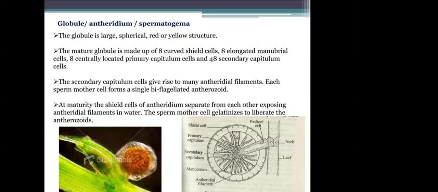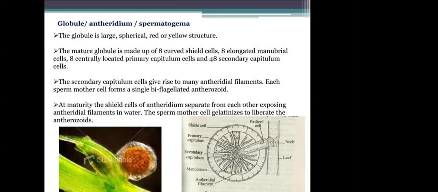After that, the next one is the secondary capitulum. Each primary capitulum has 1 or 2 small cells towards the cavity of the globule, called secondary capitular cells. This one is the secondary capitulum cells. And next, in between the manubrium, you can observe the antheridial filament.